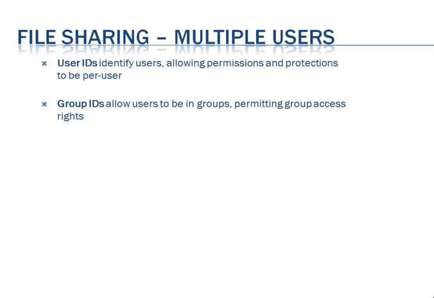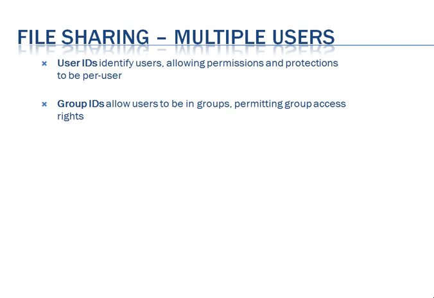Now, file sharing where you have multiple users. If you are sharing a file over multiple users, user IDs are essential here for identifying users and allowing permissions and protections to be per user. User IDs are essential because there are multiple users and we do not want all of the users to have the same sort of permissions.